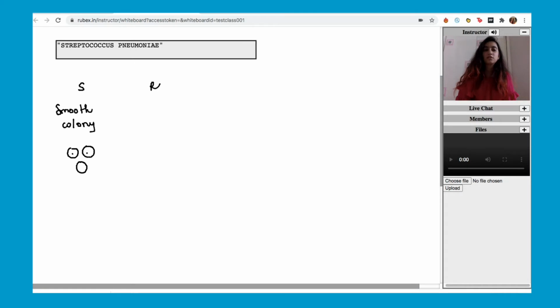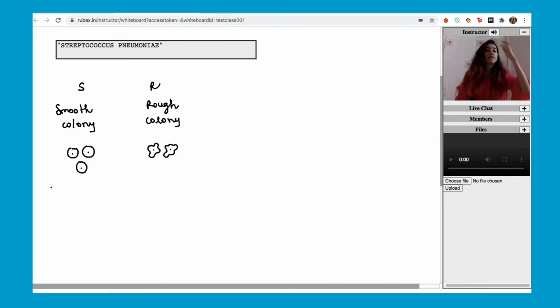Here's the nucleus for each of them. On the other hand, R stands for rough. So the R strain bacteria forms a rough colony. This is how you can physically distinguish between these two types of strains. This is the kind of colony that you see for the R strain. This is one bacteria, two, and obviously a colony has many bacteria.